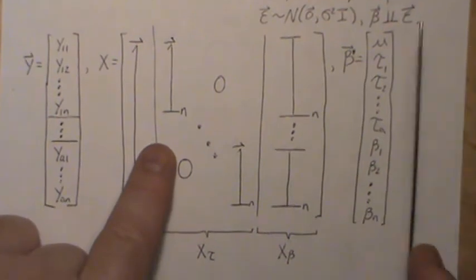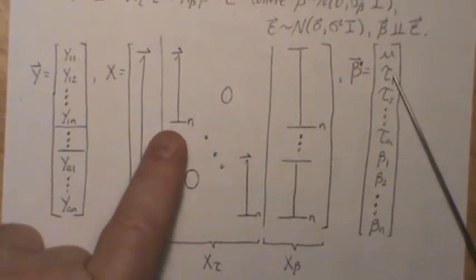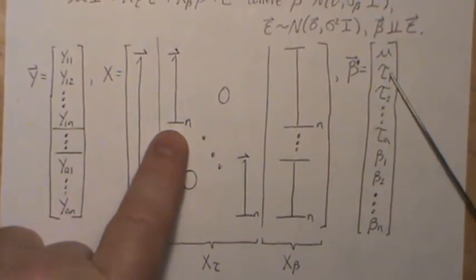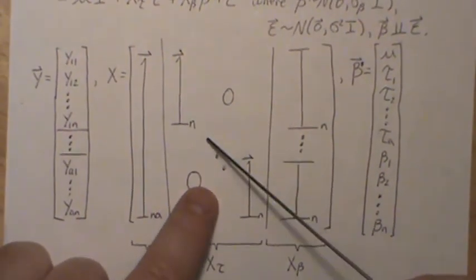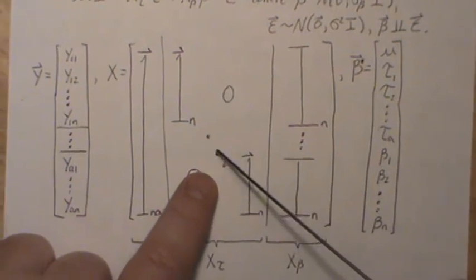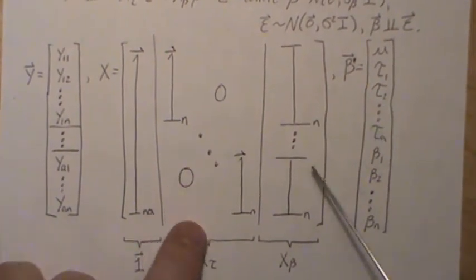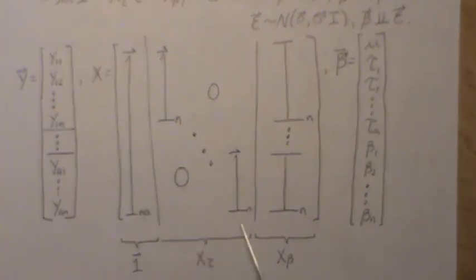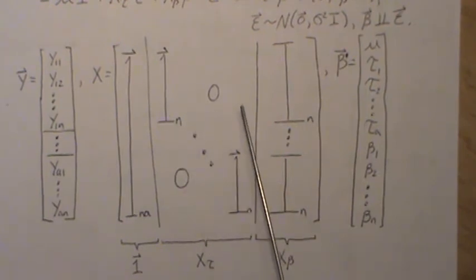The reason is that when we multiply this over, this column will only pick off treatment 1, and that's what we want for the first N. Now for the second N, this 1 vector goes to column 2, so when we do this multiplication, it picks off tau 2. And then all the way to the A-th column, because there are A treatments, 1, 2, 3, all the way to A.